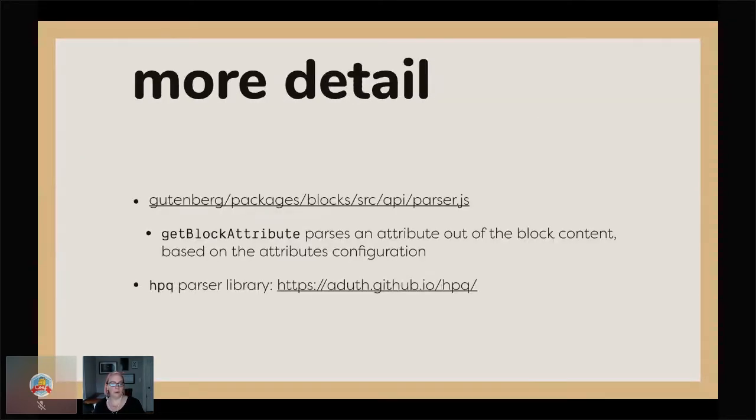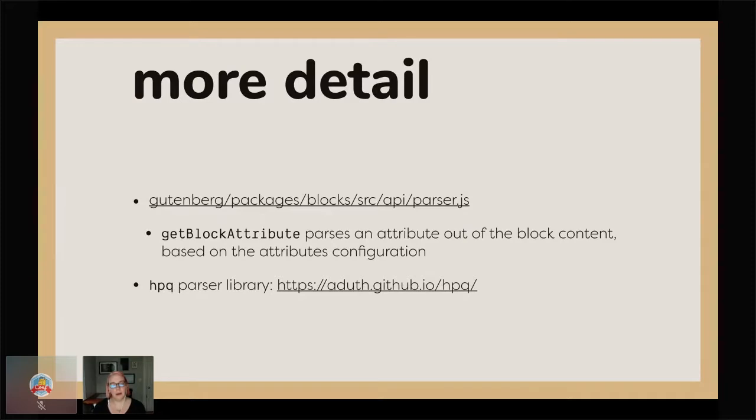If you want to see more detail about every step of the process for parsing out attributes from the content, then getBlockAttribute is the function that actually does all of this. And that's in the blocks package.